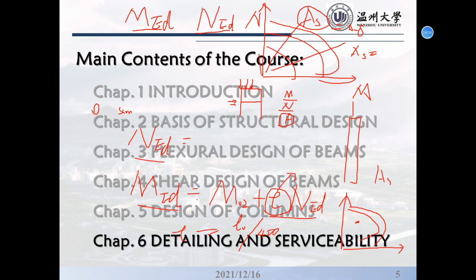And what the difference is for the long column is that if we calculate only this, it's not enough. What we need to consider is the second order effect. How to calculate the additional moment is based on some empirical formula, right?